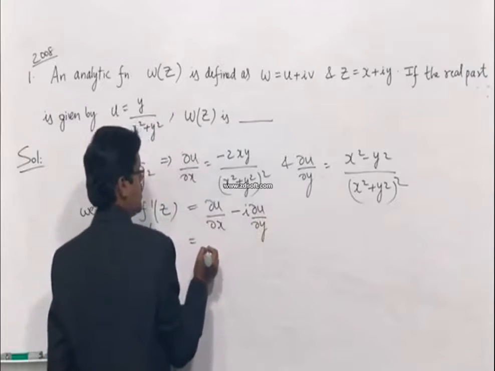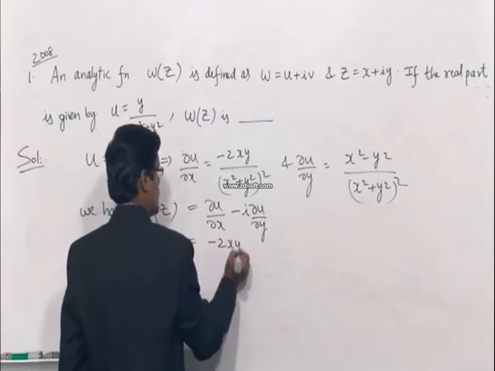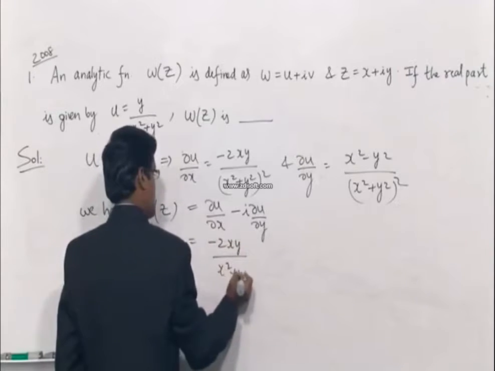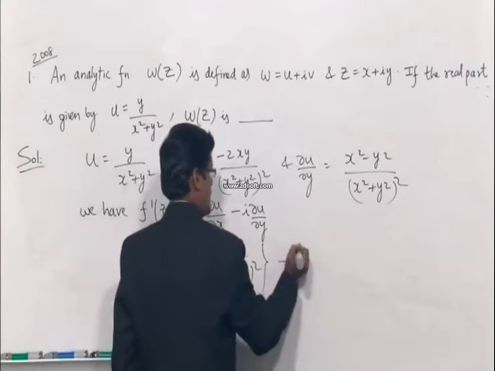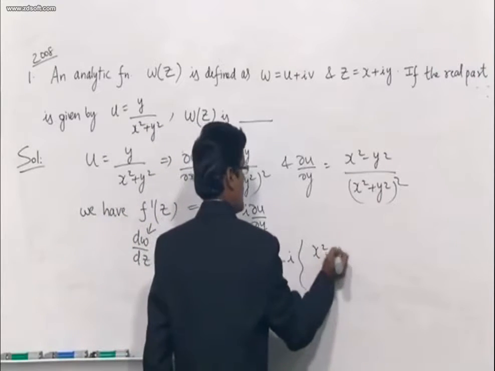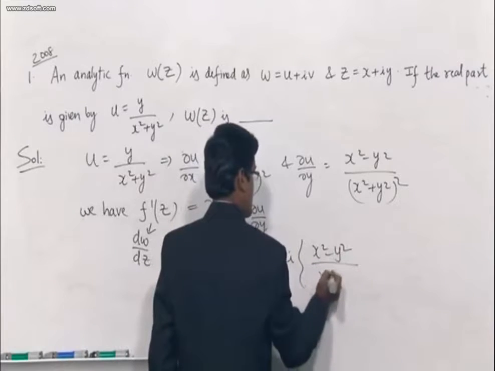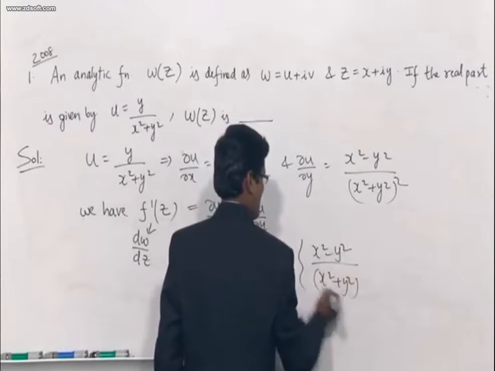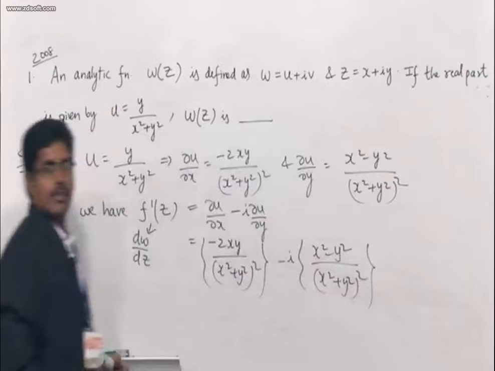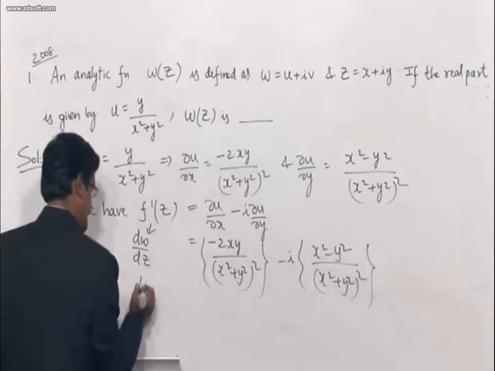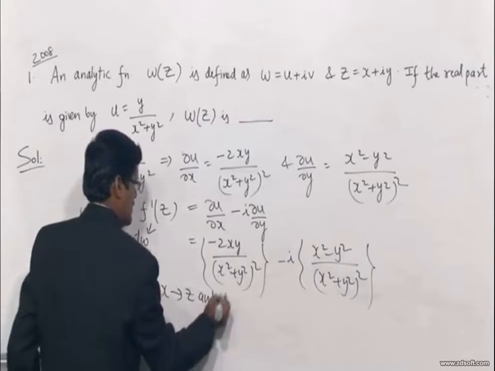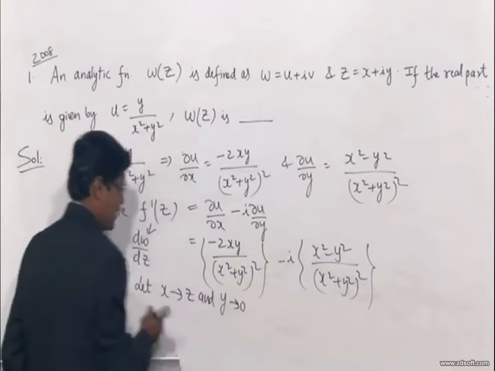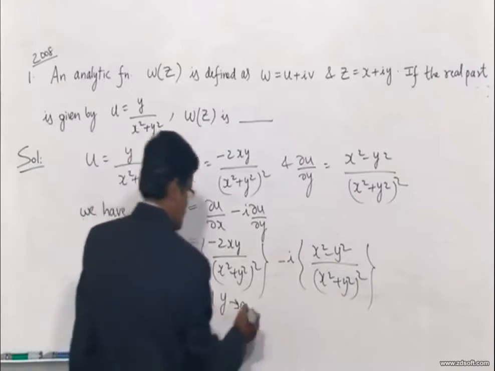Simplify here, substitute here. ∂u/∂x becomes minus 2xy by (x² + y²) whole square, minus i times ∂u/∂y, (x² − y²) by (x² + y²) whole square. As per the procedure I gave, let x tend to z and y tend to 0, that is, replace x by z and y by 0.